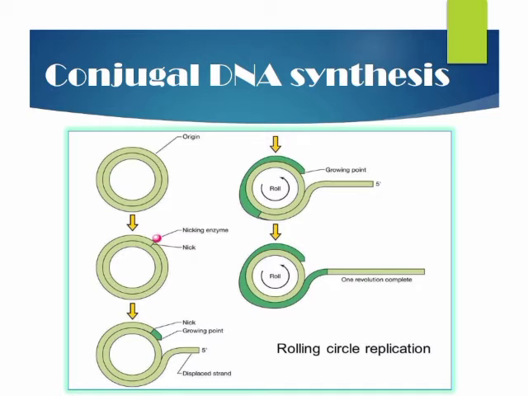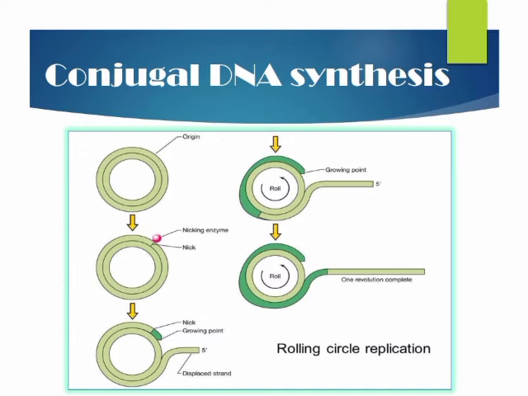And the rolling circle model of DNA replication basically consists of 5 different steps. Number 1, circular double-stranded DNA will be nicked. Next, the 3' end is elongated and also acts as the leading strand. The 5' end is displaced.